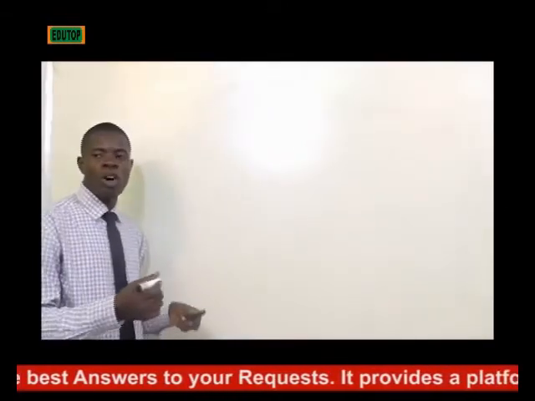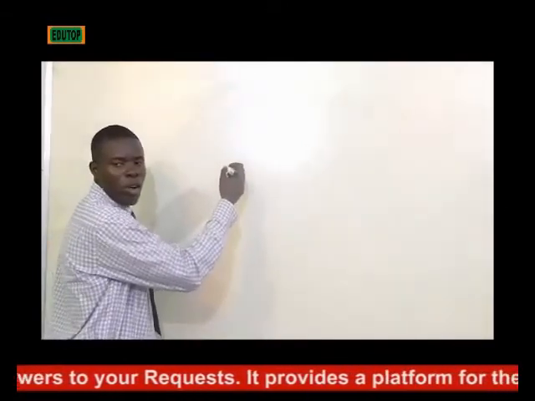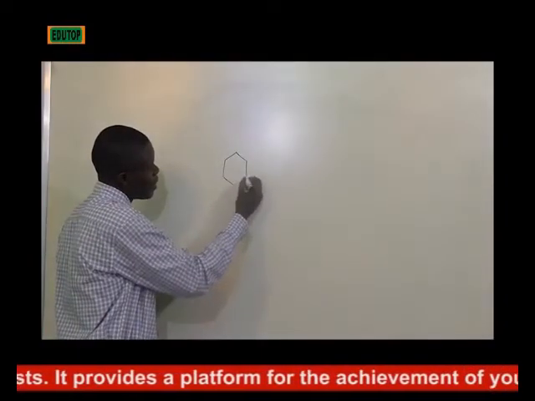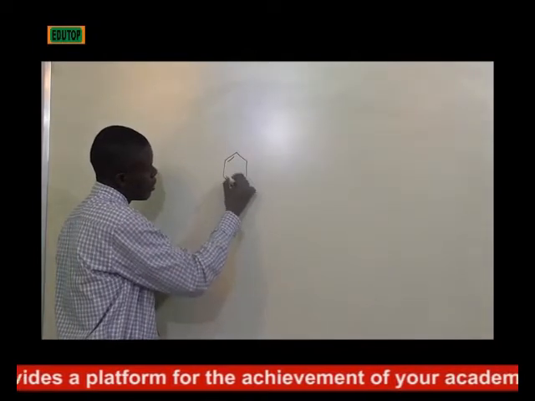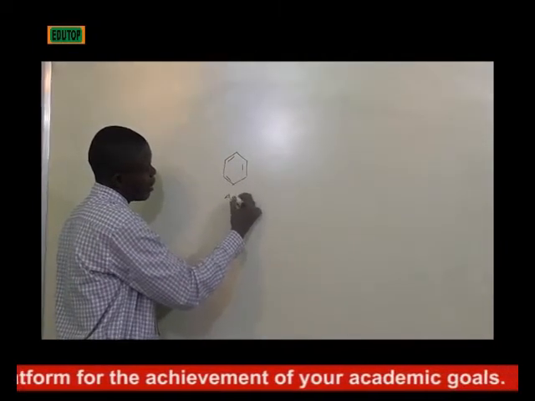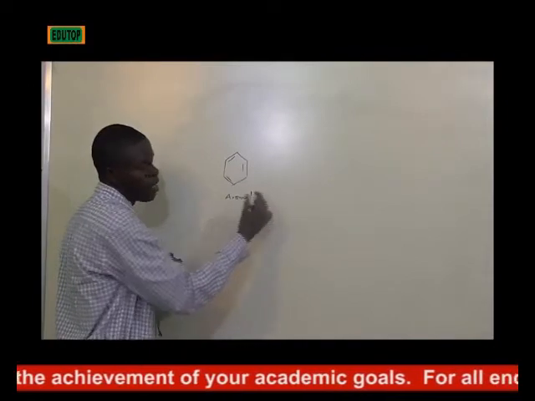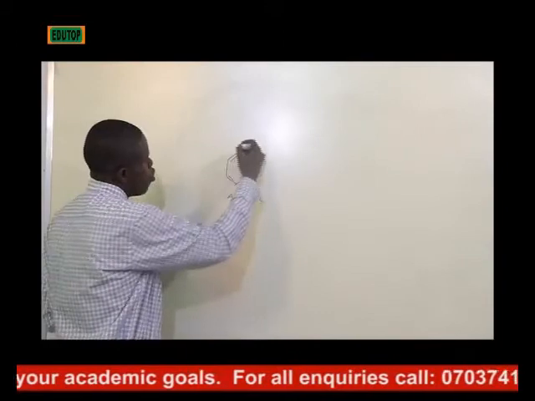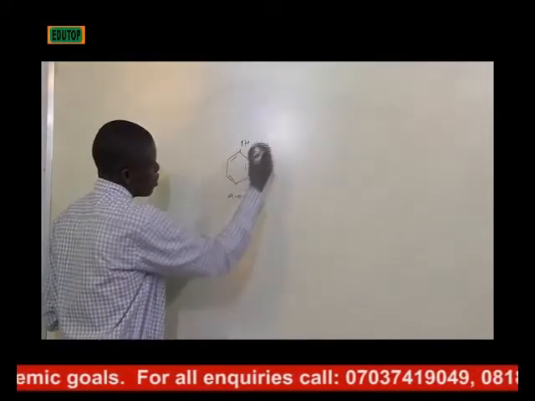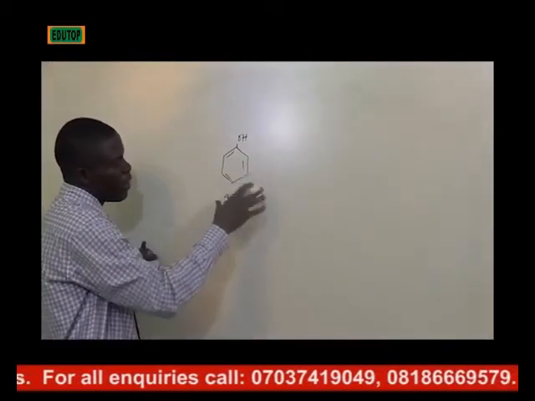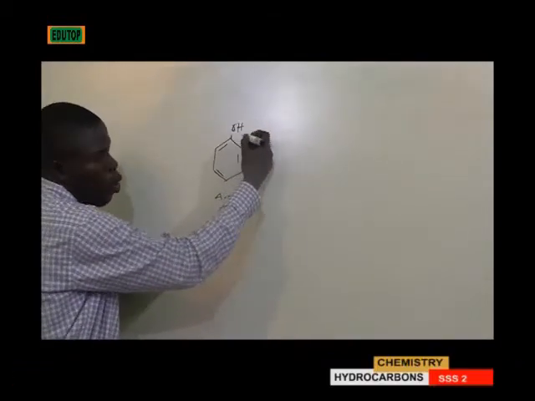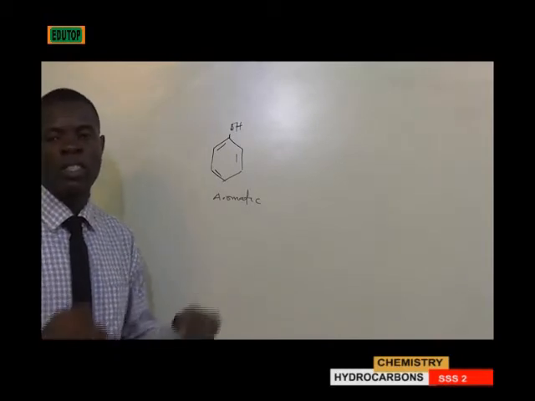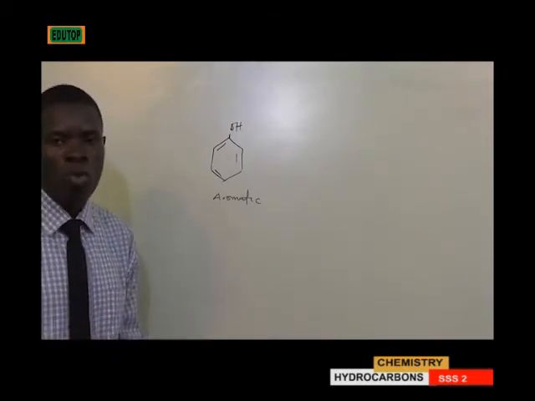So, among the options, the only one that fits is the family of benzene, which is toluene. Why toluene is different from benzene is that there is an attachment to the ring. The answer to that question is B, which is toluene.